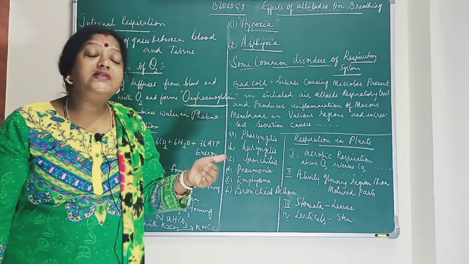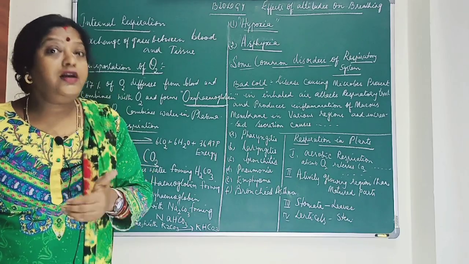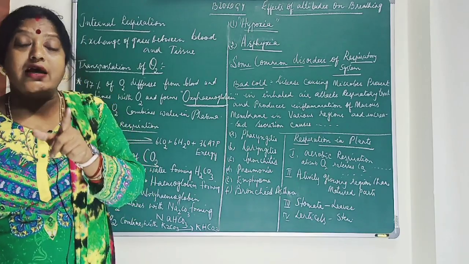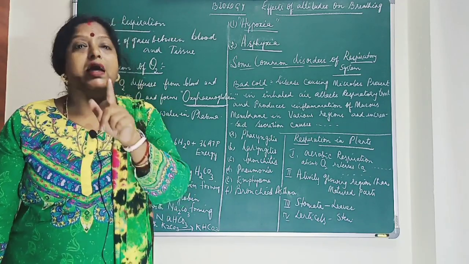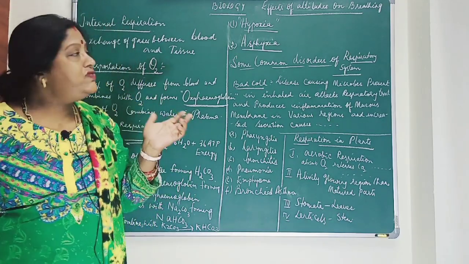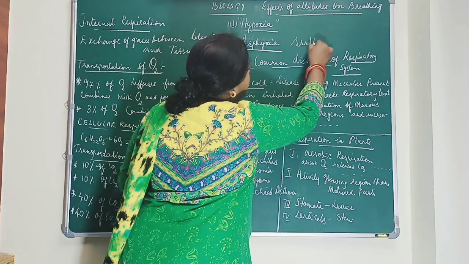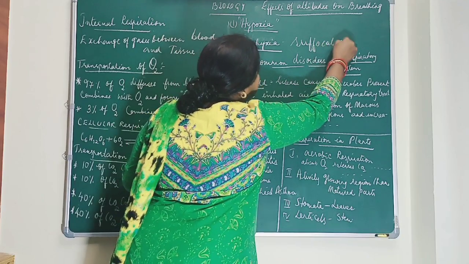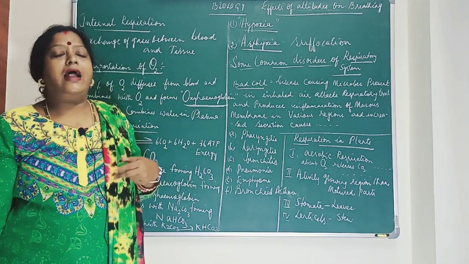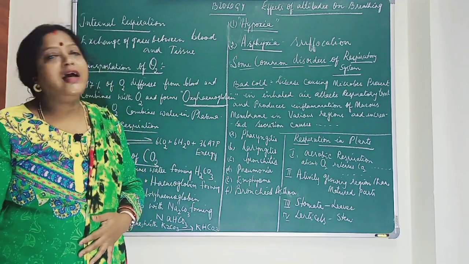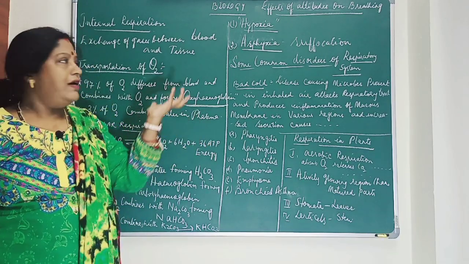Asphyxia is also called suffocation, and this leads to failure of the respiratory tract, paralyzed respiratory tract, and then artificial respiration will be fruitful in asphyxia.